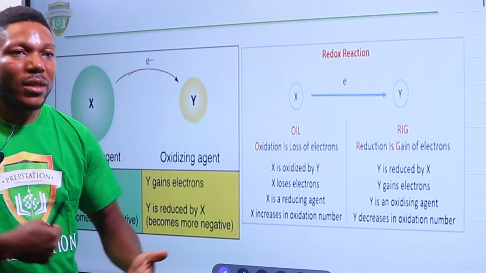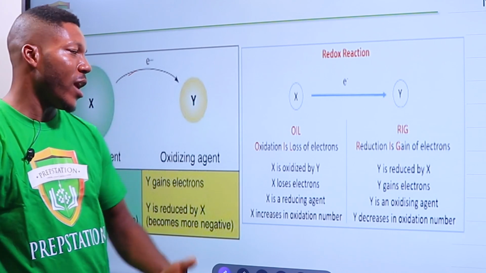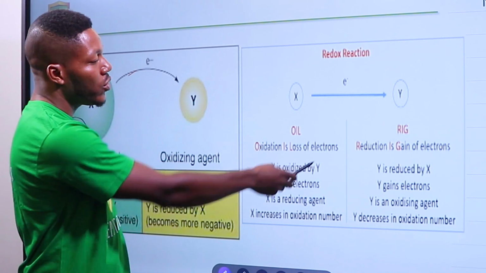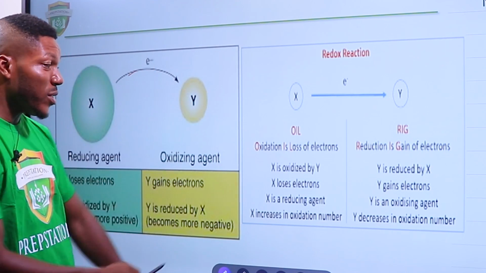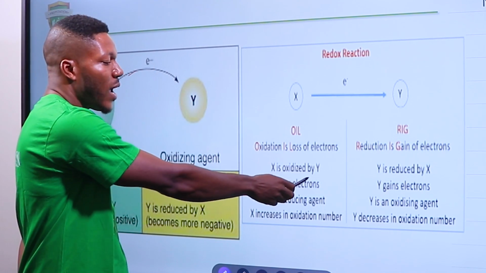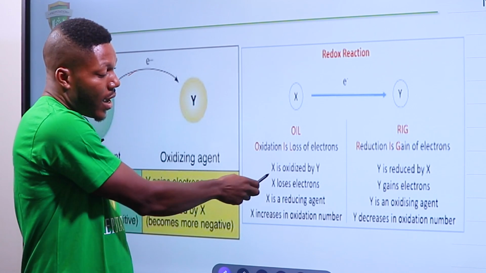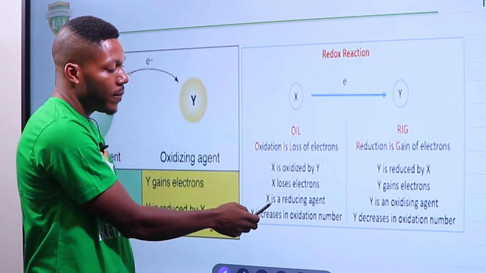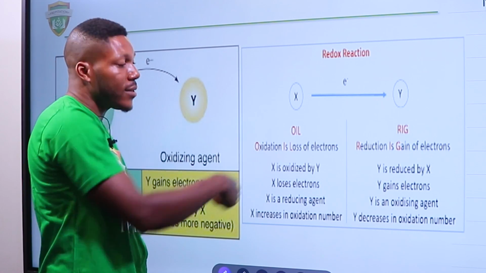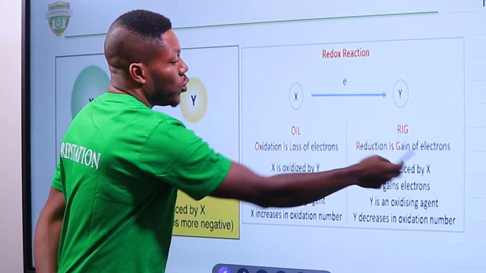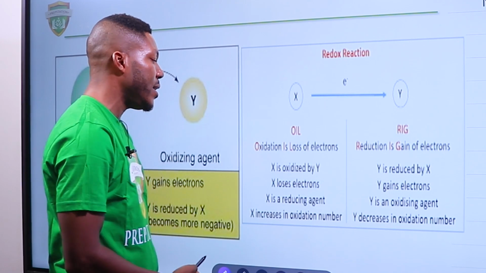So if you don't remember anything, don't forget this: OIL RIG gives us a simple definition of redox reaction. Oxidation is a loss of electrons, whereas reduction is a gain of electrons. During the process, X is oxidized by Y. That means that Y gains electrons from X and becomes reduced, becomes increased in size.